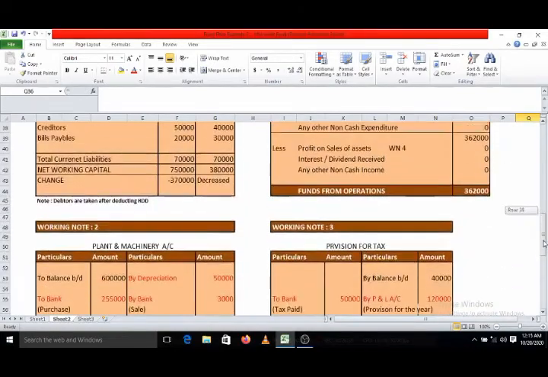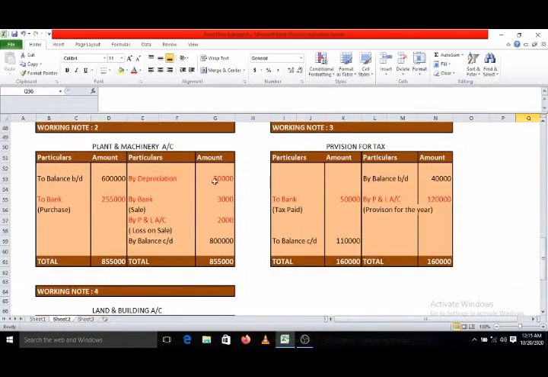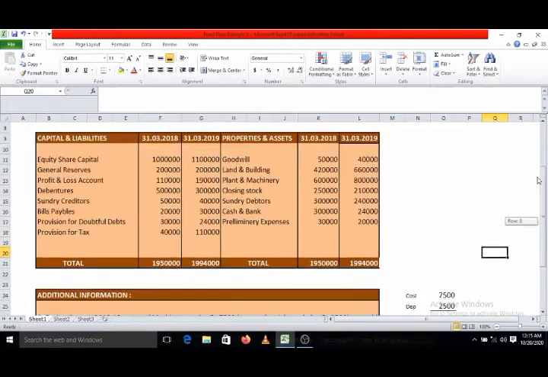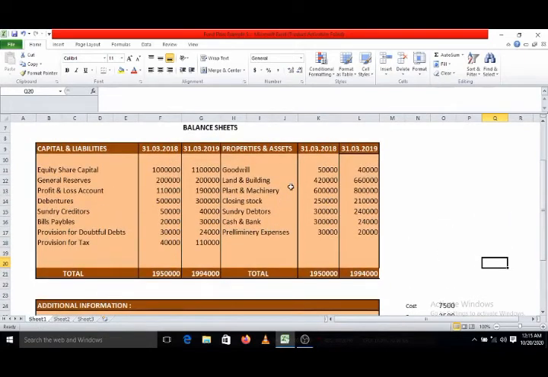Okay. I hope this account is clear to all of you. Now again we will open another fixed asset account also. So there are two fixed assets, land and building and plant and machinery. Out of that we have finished plant and machinery account. Now we will go to land and building account. In 2018 balance is 4,20,000.